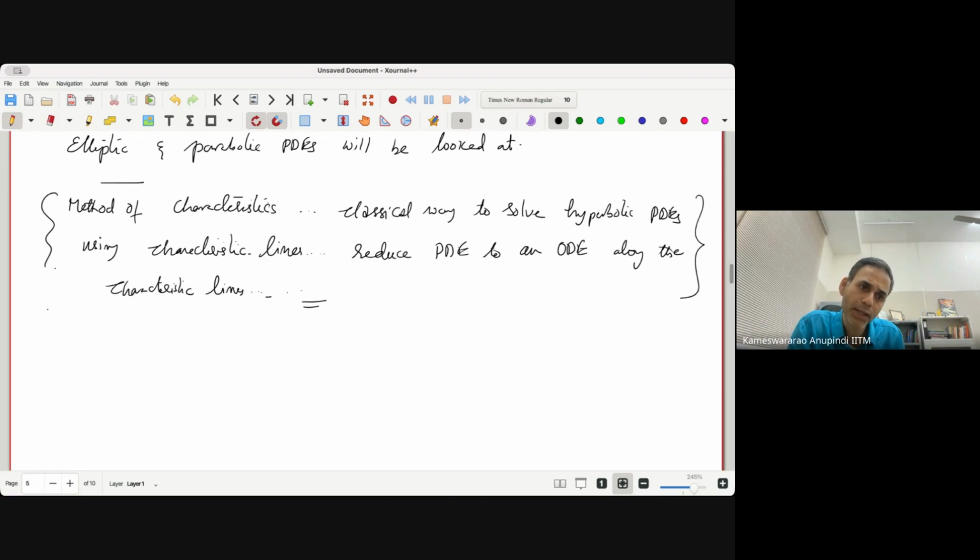So let us look at an example to understand all the three regimes of the flow, or essentially to look at elliptic, parabolic, and hyperbolic PDEs.